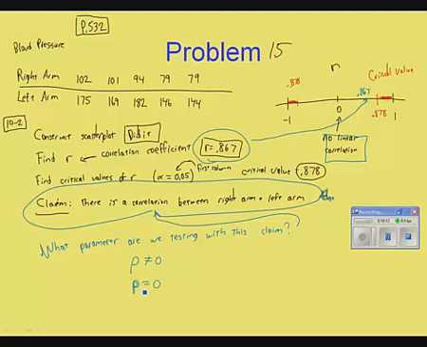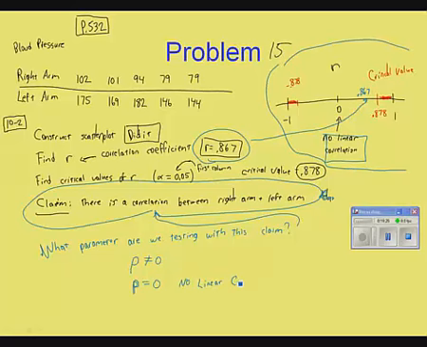Now, one of these should mean something to you. What happens if rho equals 0? That means no what? Linear correlation. That's what I was talking about up there in that picture. If rho does not equal 0, that means there is a linear correlation.